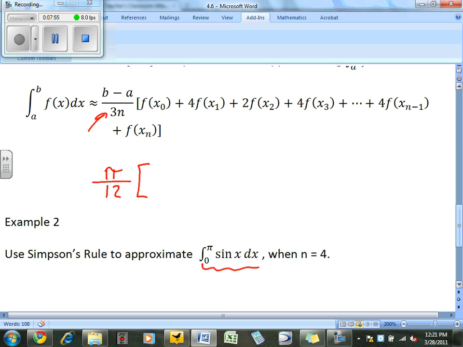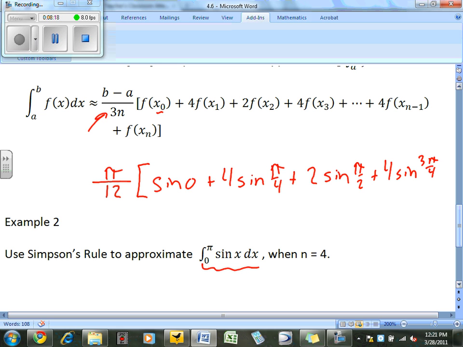Times the sine of 0, because that's x0, plus 4 times the sine of, we're breaking into 4, so it'll be pi over 4, plus 2 times the sine of pi over 2, plus 4 times the sine of 3 pi over 4. And then our last term would be plus the sine of pi.